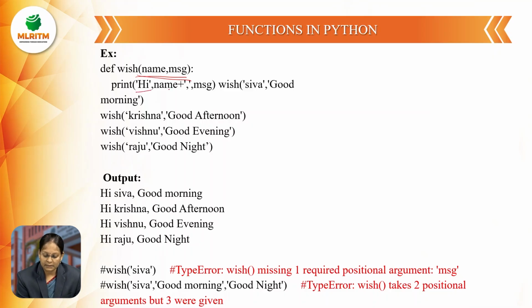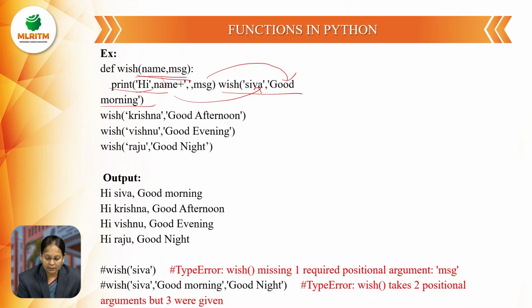Hi is a message, name plus this message. So here I am printing hi with name and message. Now I am calling the function wish Shiva, comma, good morning. Shiva is the value for name and message is good morning.